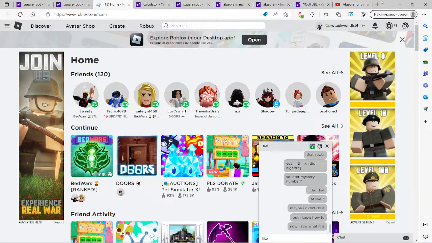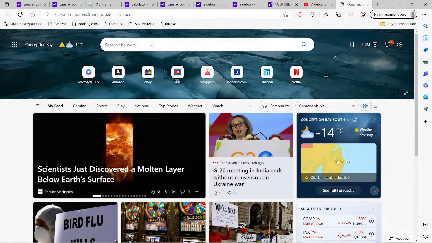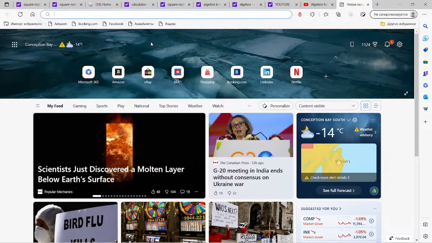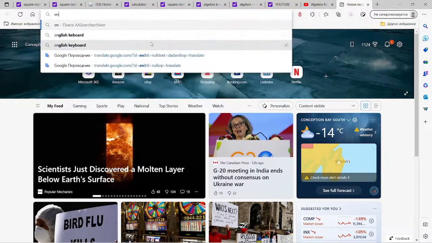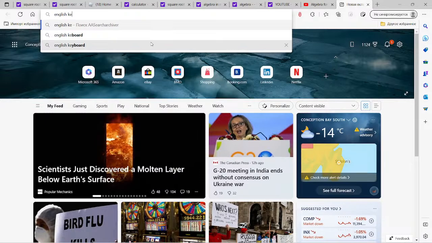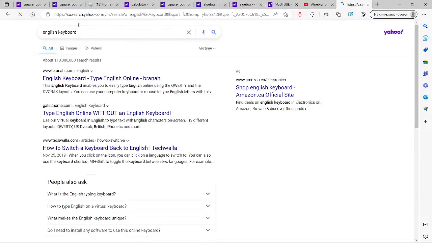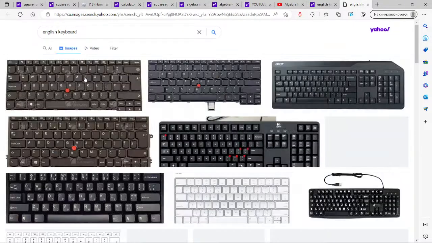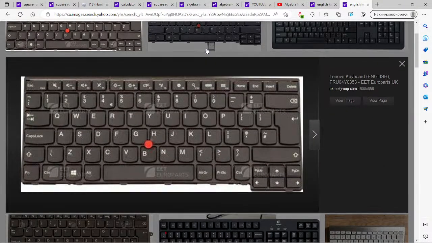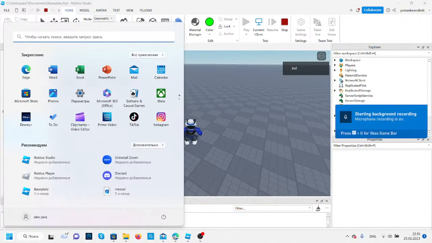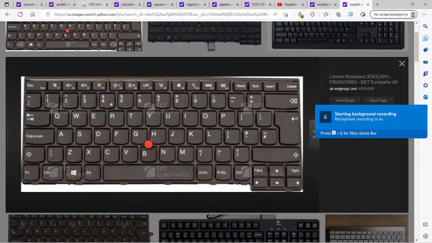How to do plus and then English keyboard. Let's see this. Where's the plus? The plus is right there. So now we know where the plus is. So where's the plus there?